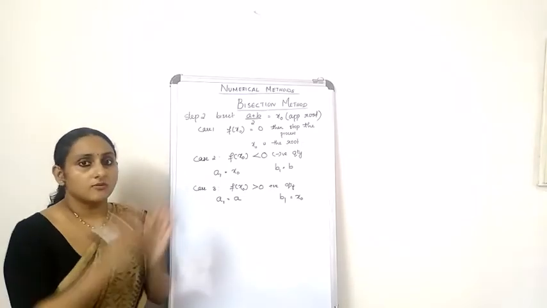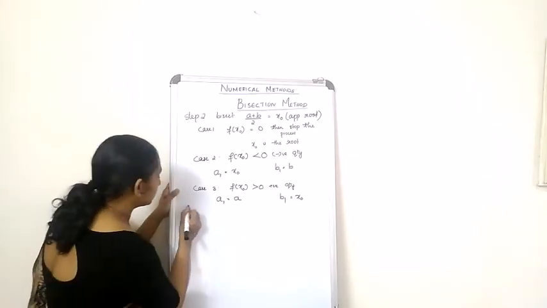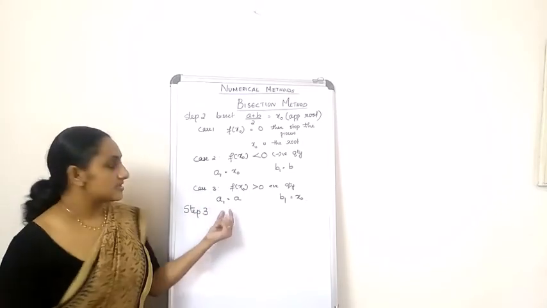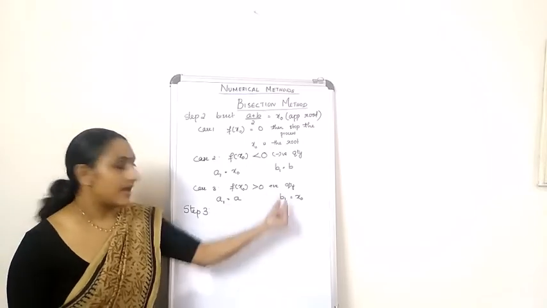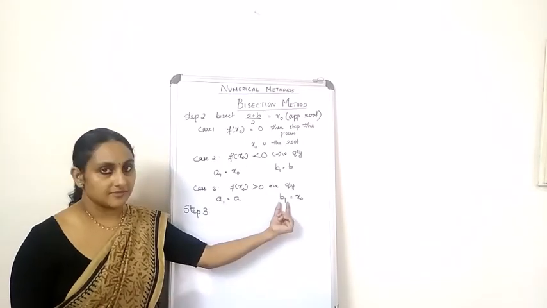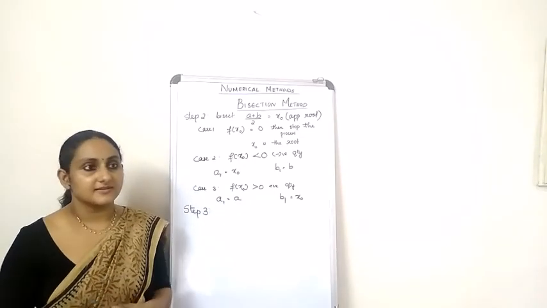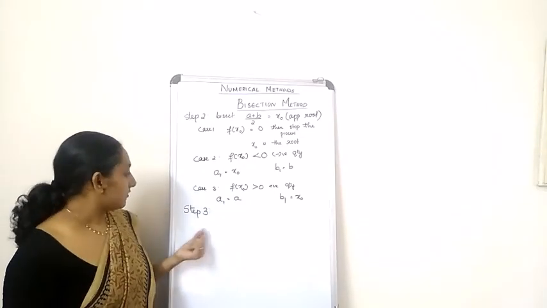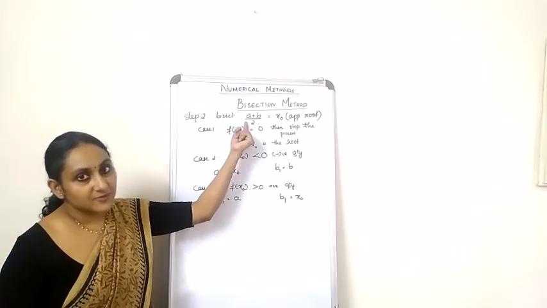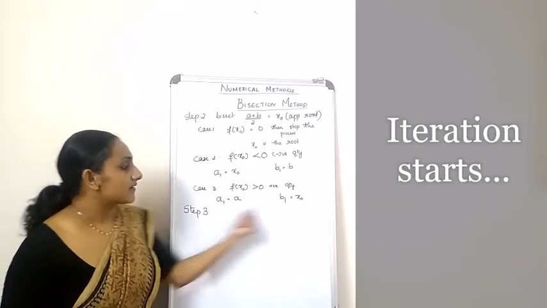Now the next step, step 3. Since you have found A1 and B1, this is the new interval, A1 and B1. The next step is again to repeat step 2, but I'm not going to write repeat step 2.